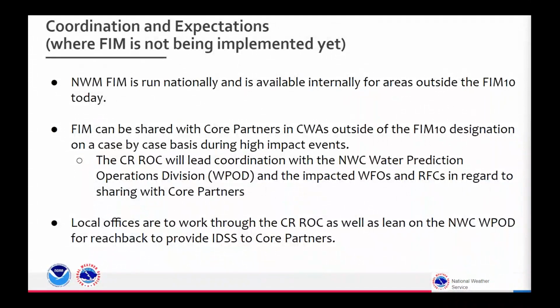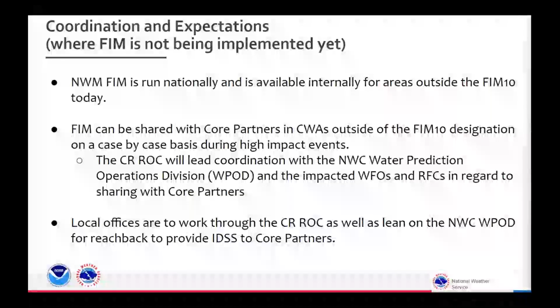So then talking about the areas that will be implementing FIM, what about the areas that will not be implemented yet? The National Water Model FIM is currently being run everywhere in the lower 48, and it's available internally for anywhere.